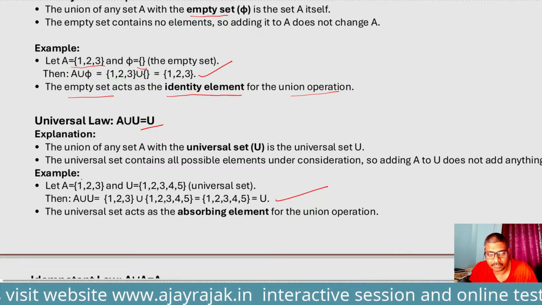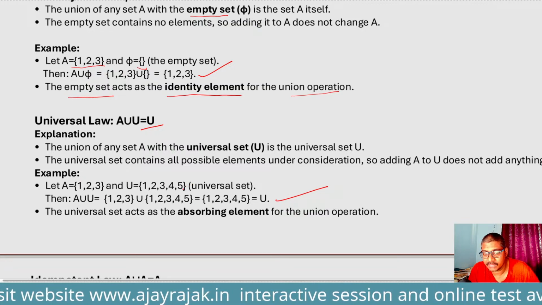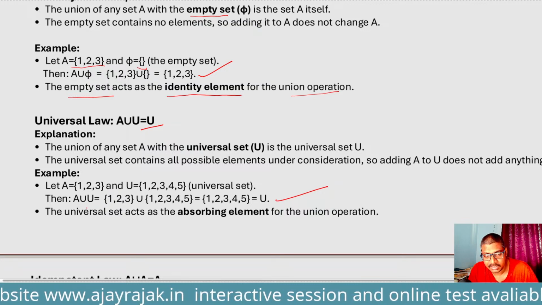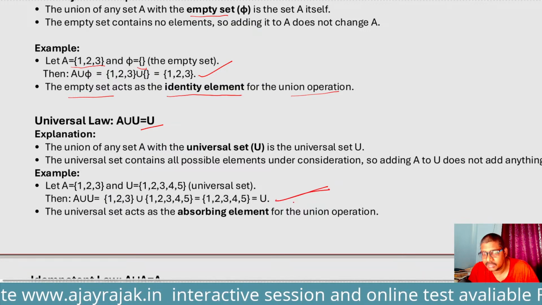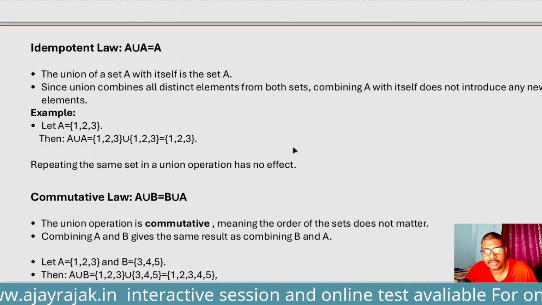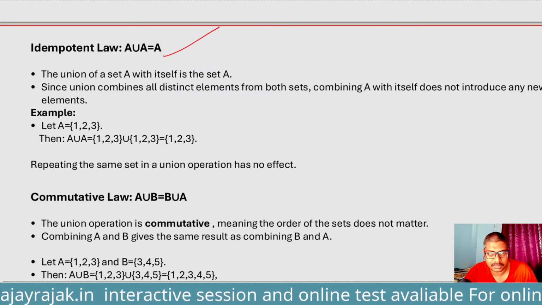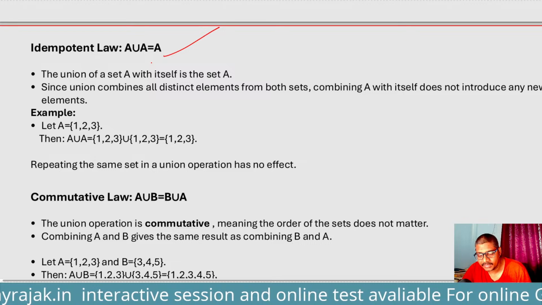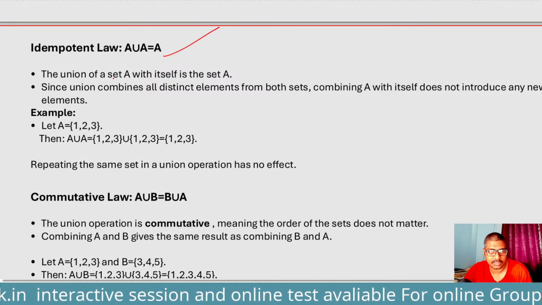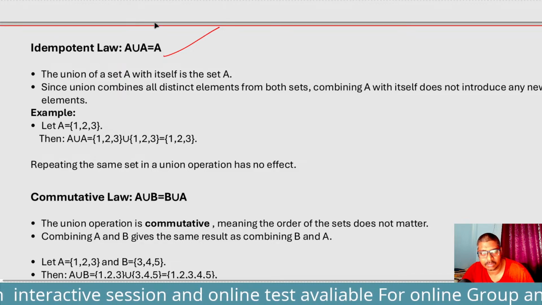So suppose 1, 2, 3, 4, 5 is our universal set, and A is the set 1, 2, 3 from the universal set. Their union is also going to give you the universal set. Idempotent law: A union A is A. When we take the union of the same sets, we call that the idempotent law.